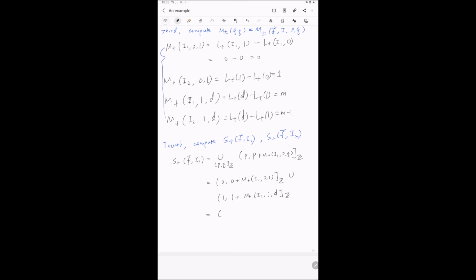In the first case, the first set is really just the empty set, because we just computed that M plus is 0.